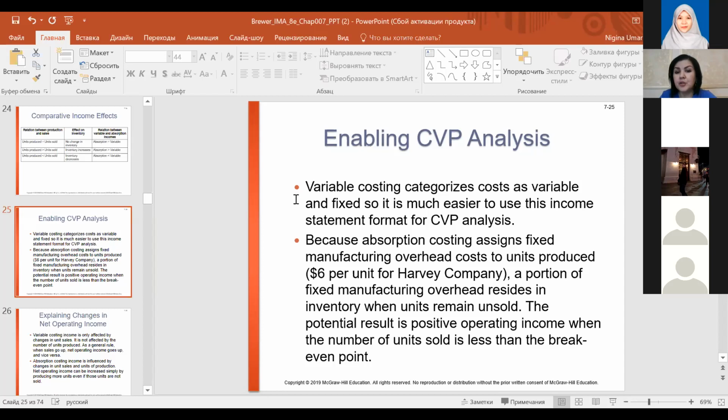And because absorption costing assigns fixed manufacturing overhead costs to units produced, a portion of fixed manufacturing overhead, such as $6 per unit for Harvey Company, resides in inventory when units remain unsold. The potential result is positive operating income when the number of units sold is less than the break-even point.